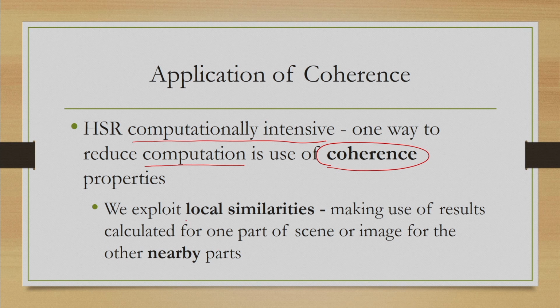So, essentially we exploit local similarities. That means making use of results that we have calculated for one part of a scene or an image for other nearby parts. We perform computation for one part and use the result for another part without repeating the same computation, and in that way we reduce some amount of computation.